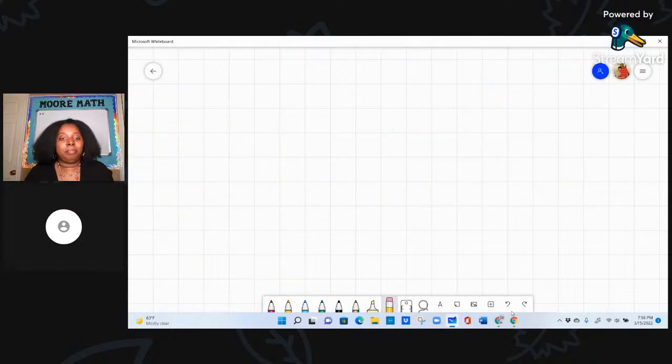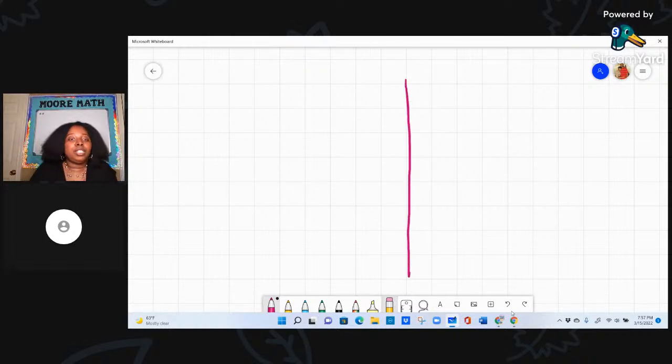My thing is going crazy. All right, let's try it again. I want you to show me the reflection over the y-axis, okay? Okay. All right. Here we go.